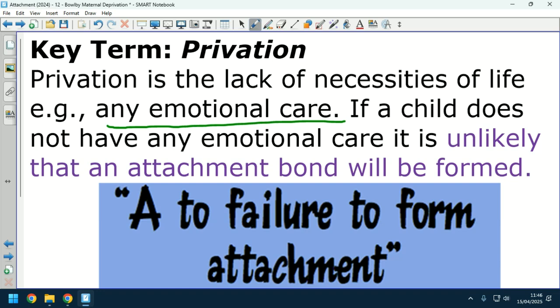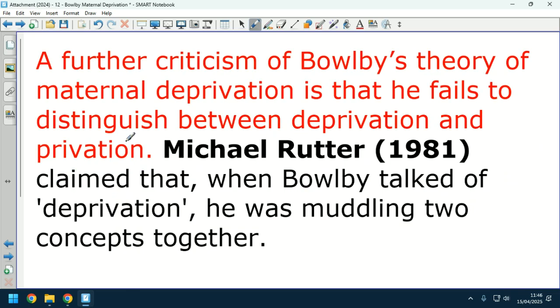So it's failure to form an attachment bond. And so this criticism builds on the idea of, is there a difference between deprivation and privation? And what we have is Michael Rutter, who goes on to do a lot of really good research with the Romanian orphans and other people like that, said that Bowlby, perhaps when he was speaking about deprivation, was actually muddling the concepts together.